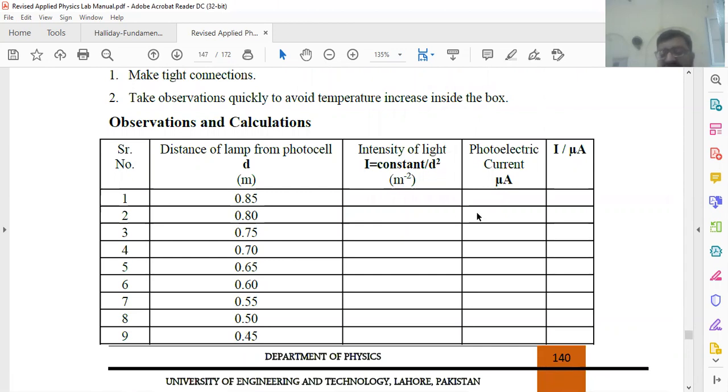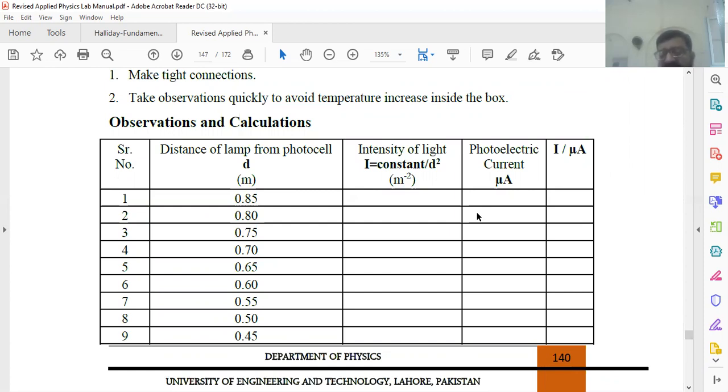If you increase the distance, the number of photons per unit area of the detector will reduce, so the intensity will decrease as a result. Similarly, if you increase the power of the bulb, suppose we are using a 60 watt bulb and we replace it with a 100 watt or 200 watt bulb at the same distance, the intensity will increase because the power of the source has increased.